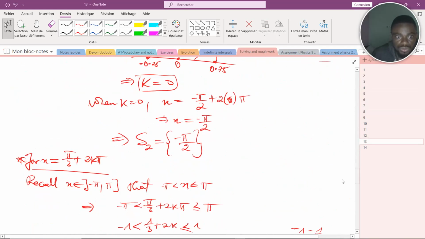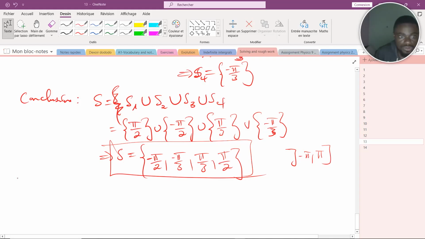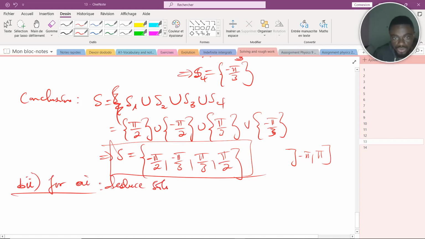We have to do the B sub 2 for question A sub 1. We have to deduce solutions on what? 0 to 180 degrees. Very good.